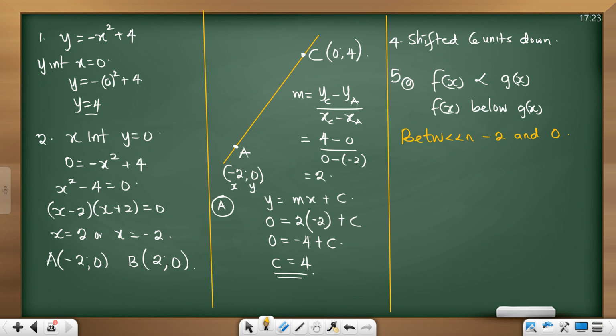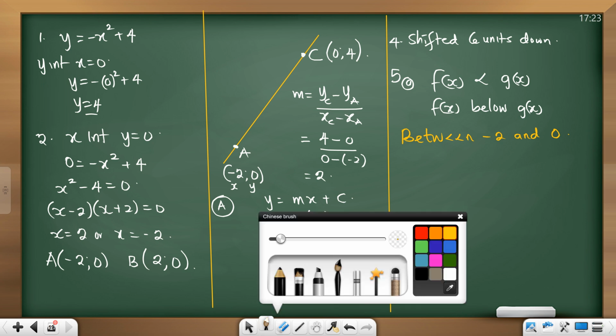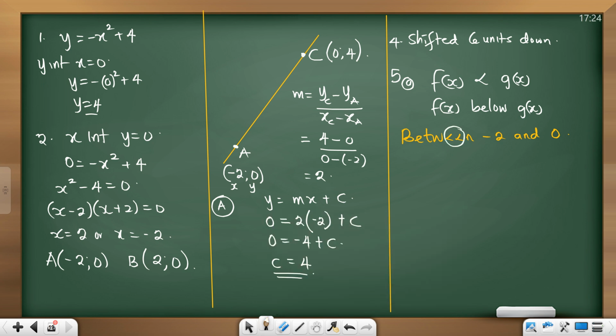But check my inequality. Mathematically, it goes that way: smaller number on the left and bigger number on the right. And we are done with that. Where is f of x below g of x? F of x is less than g of x. So we will use the graph to answer that type of question.